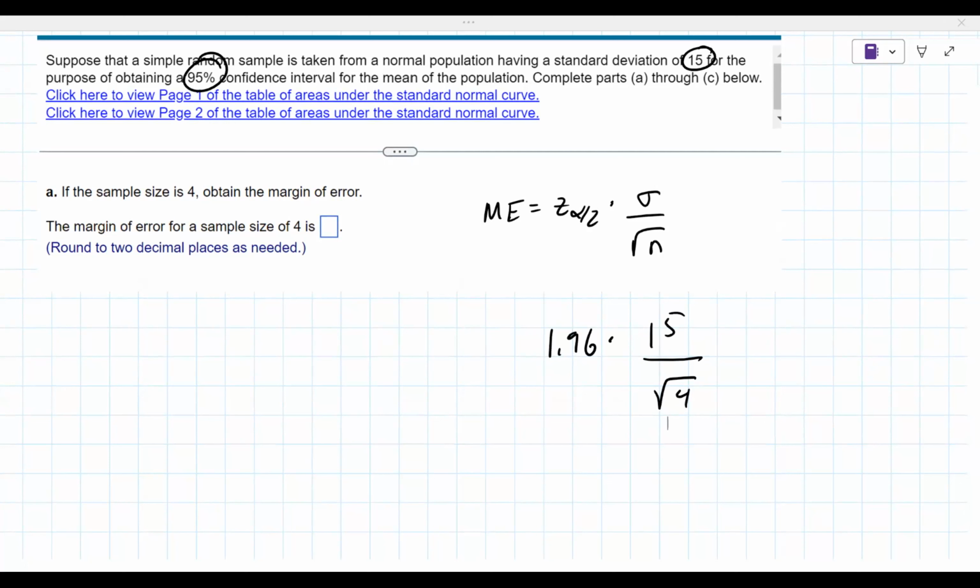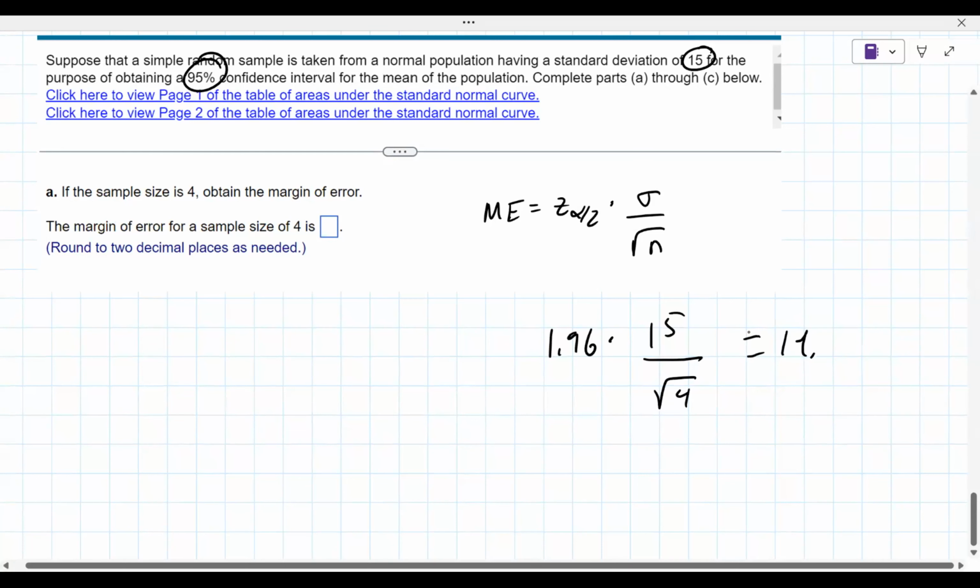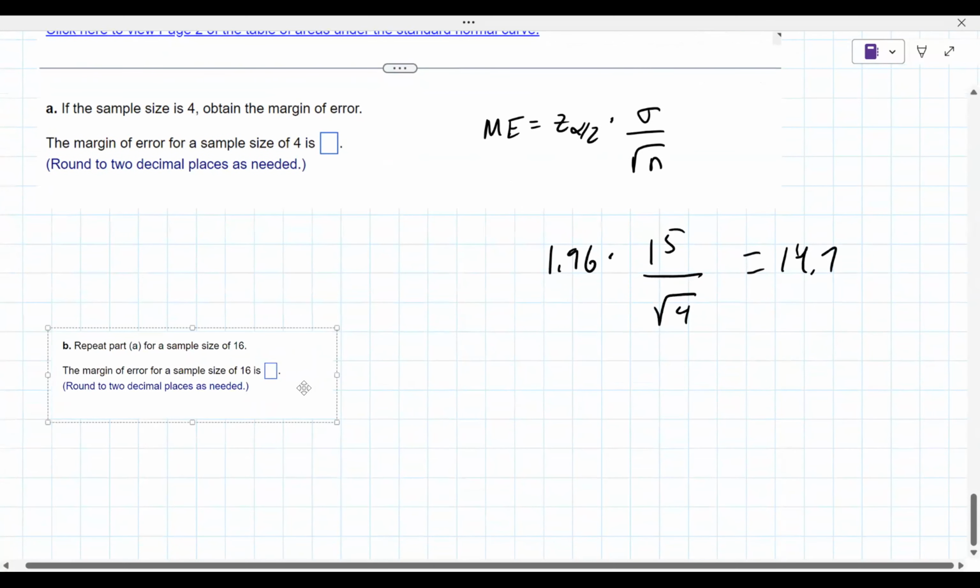Okay. I got 14.7. 14.7, good. So part B is the same thing, except they say change the sample size to 16.